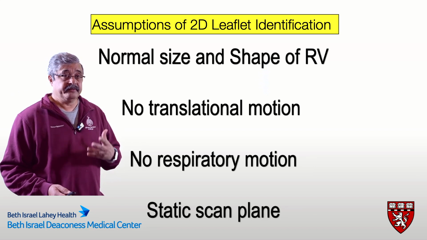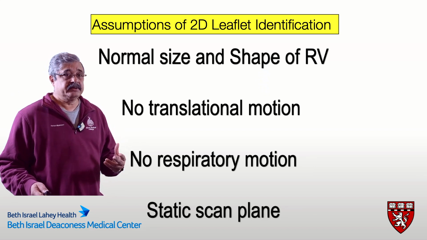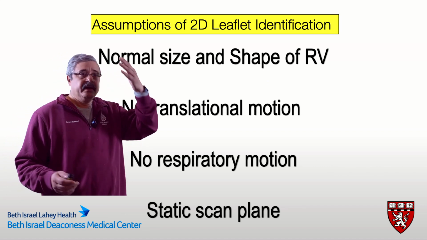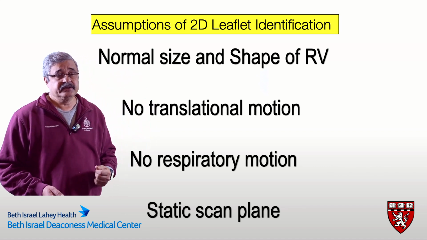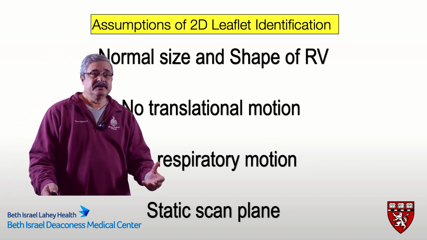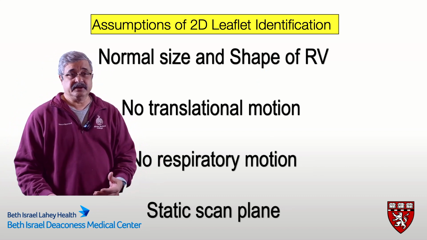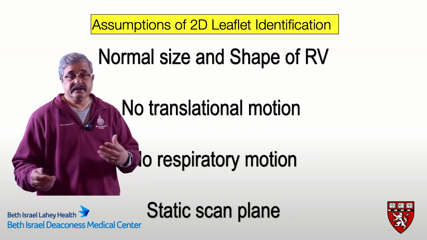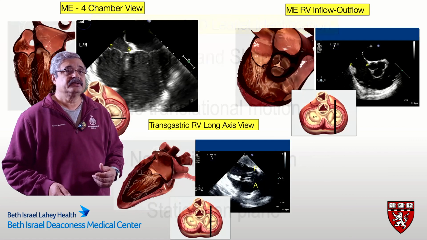There's no respiratory variation, and the scan plane is also very static and is not moving. And we all know from doing examinations in patients for tricuspid valve analysis that this is not true. Most of the time the RV is dilated or is in a different position. There's significant translation and respiratory motion, and you can't keep this plane static because sometimes it has to move.